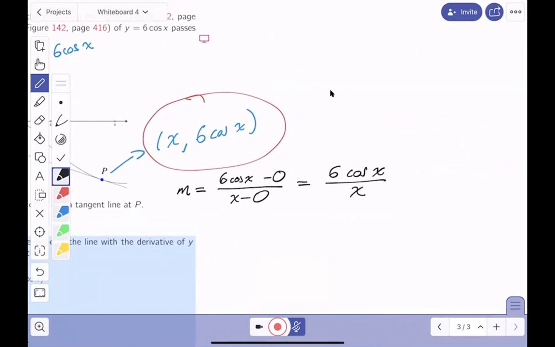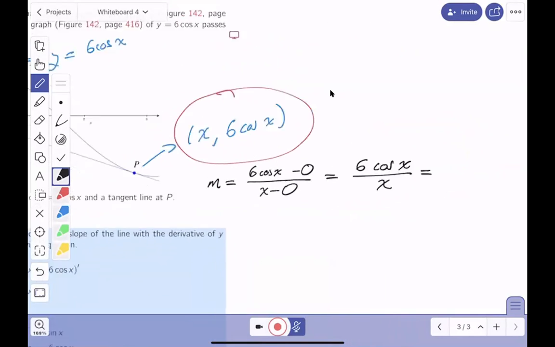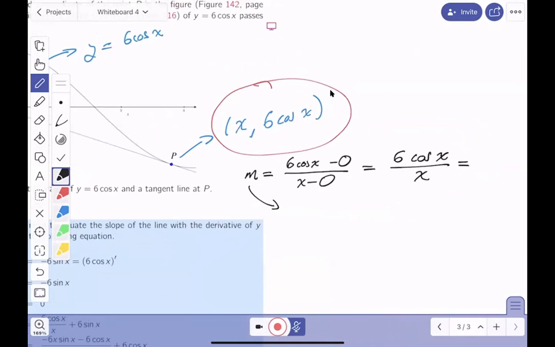That's a slope. But they said it's tangent. Now, what does that mean? That means it's equal to the derivative evaluated at that point. So the slope of this thing over here is the same thing as dy dx evaluated at that x value. What's that going to be?